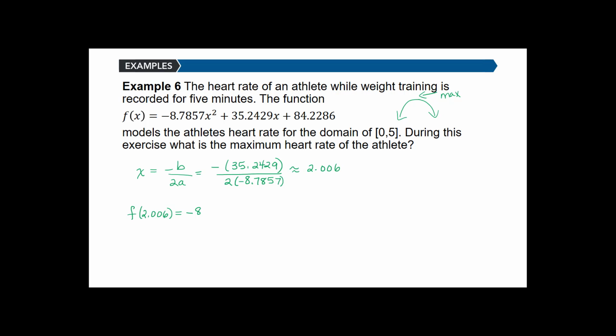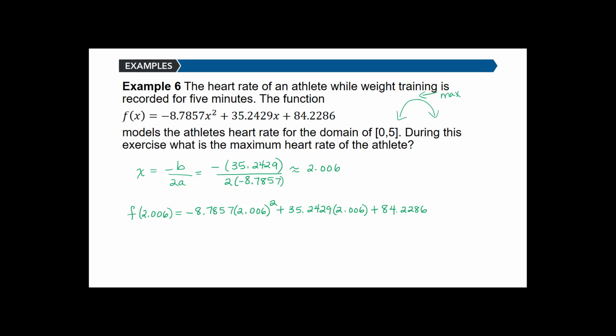We have negative 8.7857 times 2.006 squared plus 35.2429 times 2.006 plus 84.2286.